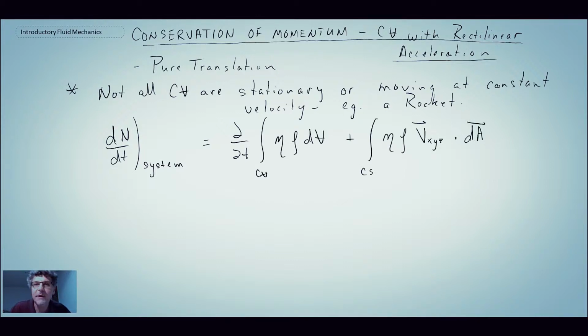And so if you recall from the last section that we looked at, cases of linear acceleration, we said that as long as you measure the velocities relative to the control volume, you're okay. So that's where we had constant velocity of the control volume.